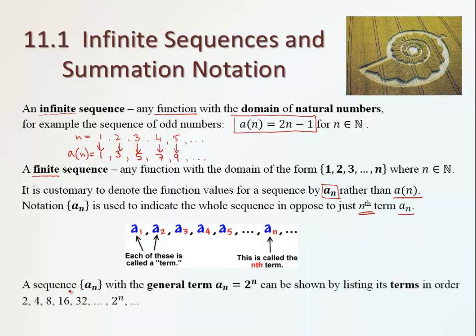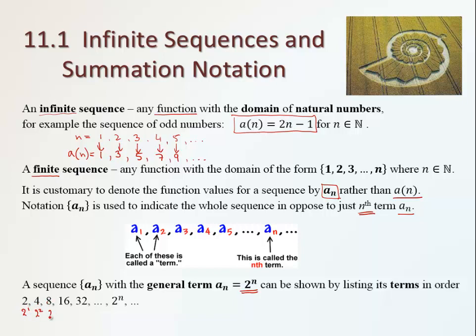Let's see one example. A sequence a_n with general term a_n defined as 2 to the n, we can see as a list of terms. For example, if n is 1, then the first term is 2. So this is like 2 to the 1. If n is 2, then the term is 4.